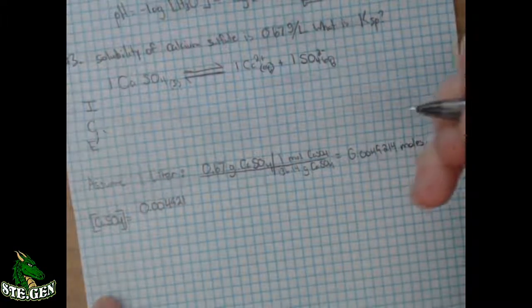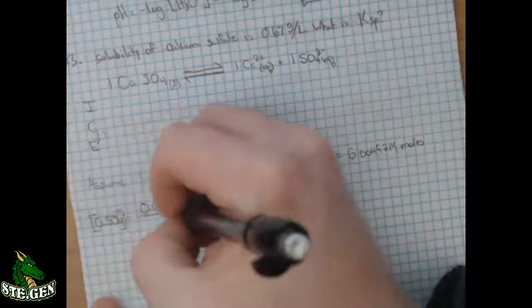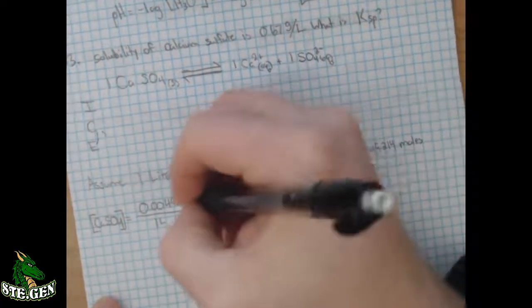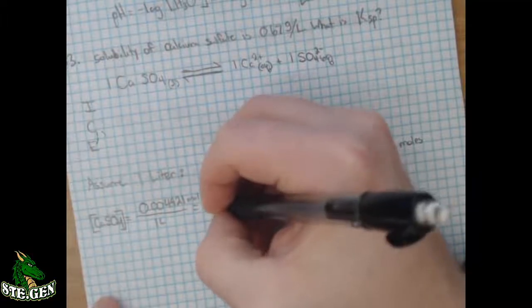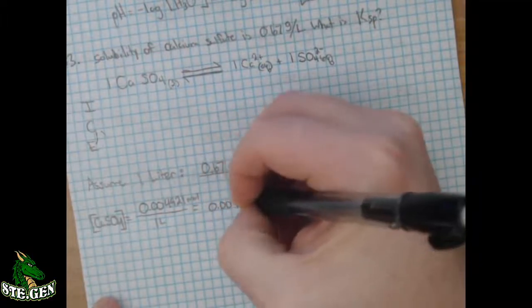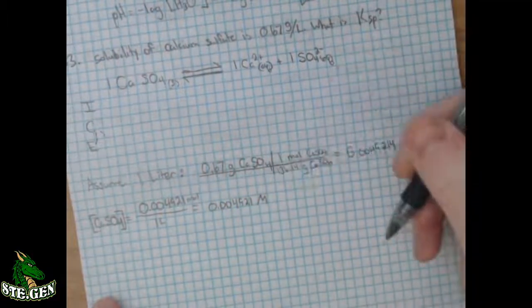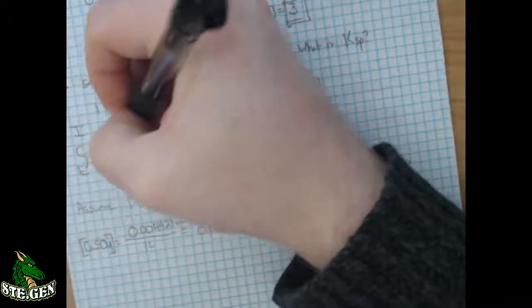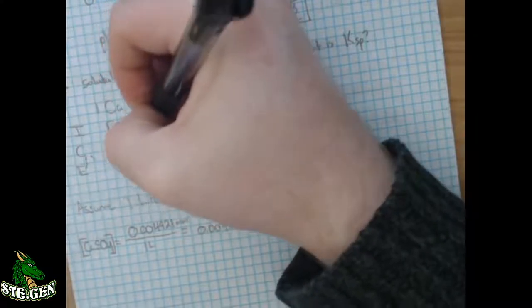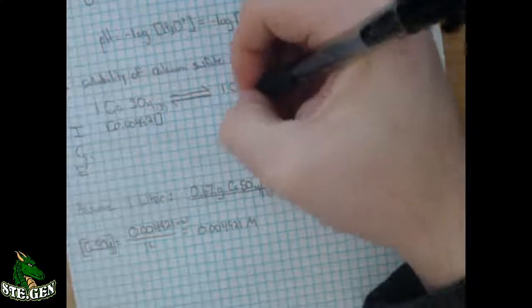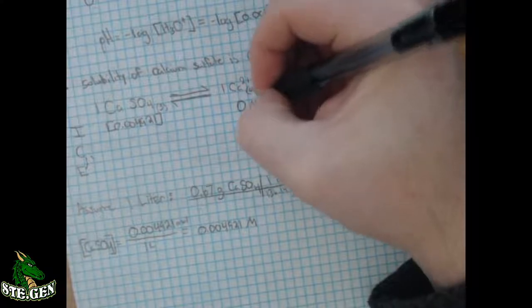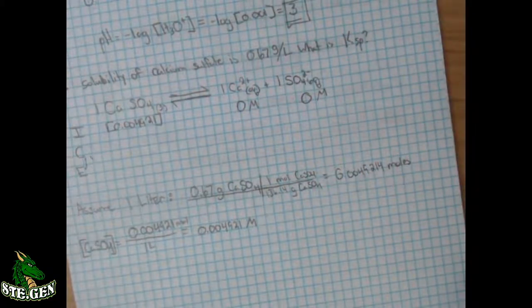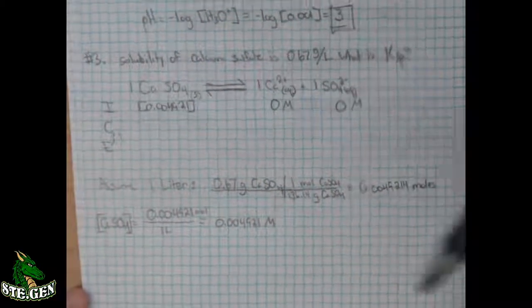Well, we'll just cut it off there, even though it's more sig figs than we actually need, divided by 1 liter, which is a molarity of 0.004921 molar. So now we know our amount we're starting with. We've got 0.004921. Okay, and then we're going to start with no dissolved calcium and no dissolved sulfate.